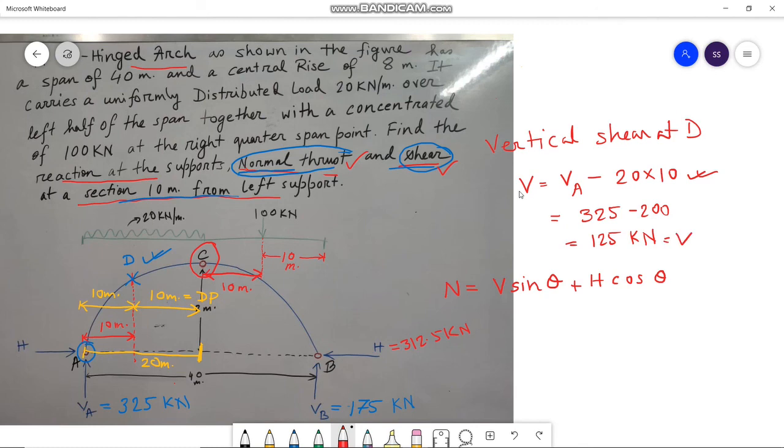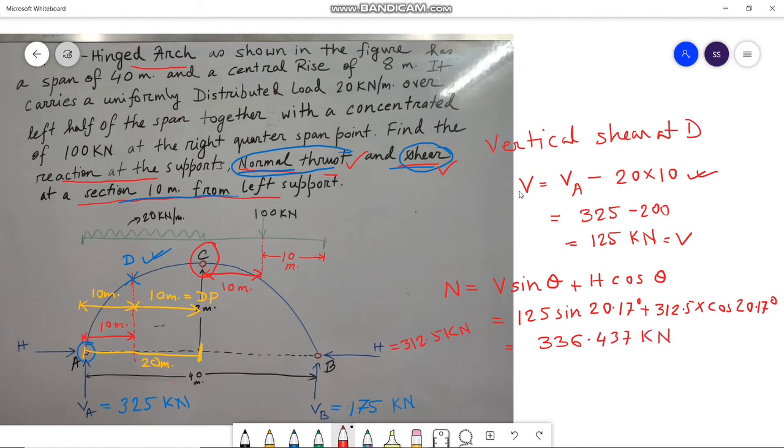So putting the value of V and H, we have 125 sine 20.17 degree plus 312.5 into cos 20.17 degree, we get the normal thrust equals to 336.437 kilonewton.